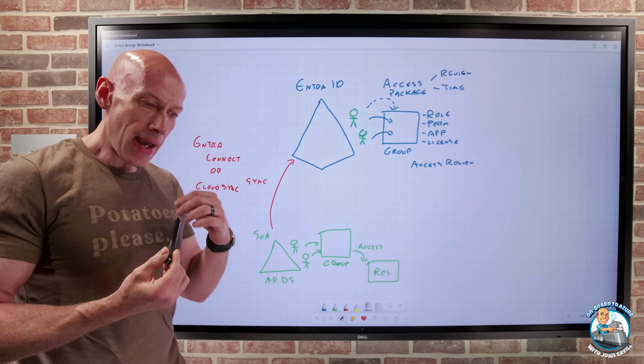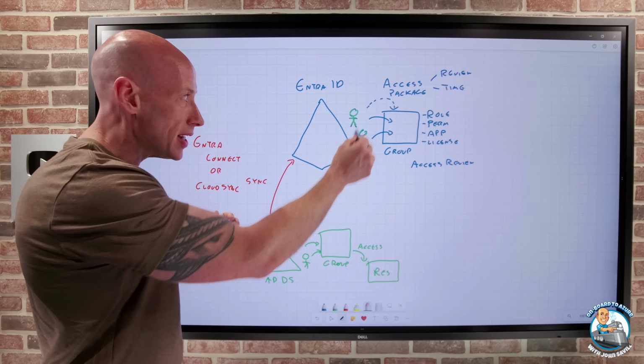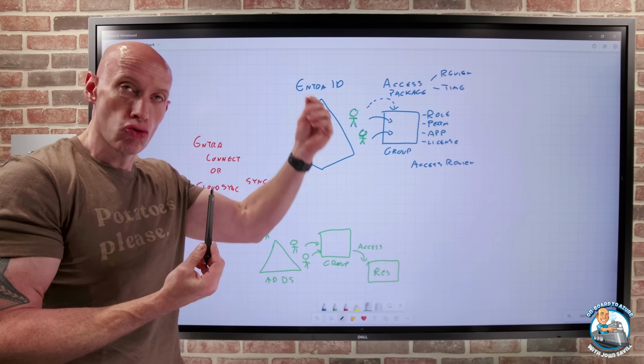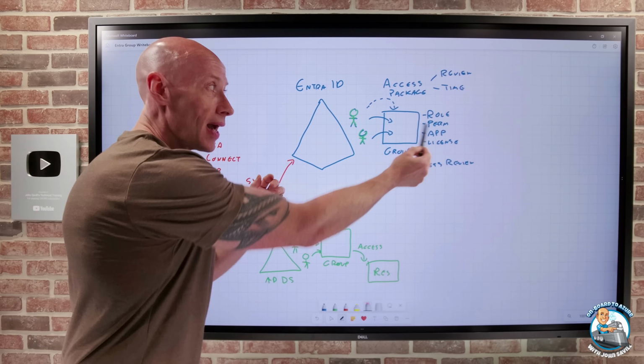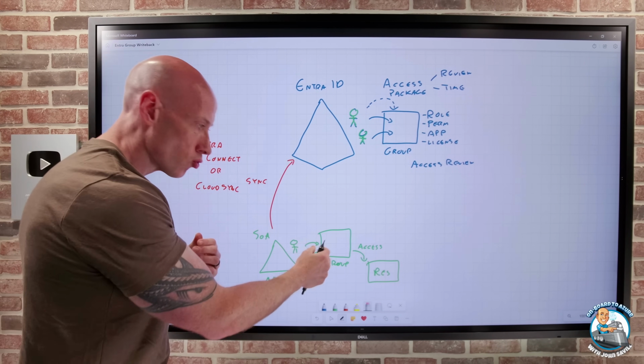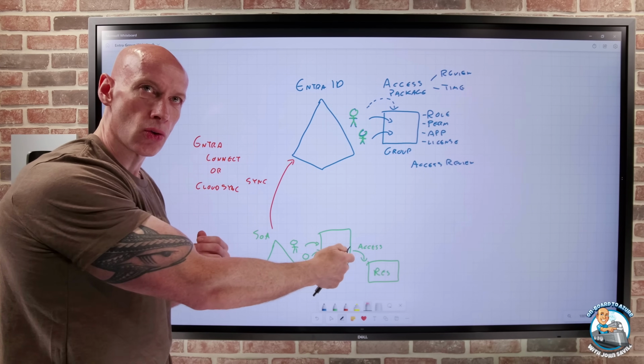So I'm thinking about, hey, as people get onboarded, they get given access into various groups that, in Entra, have various permissions and roles and apps, but also on-premises groups have access to various resources.